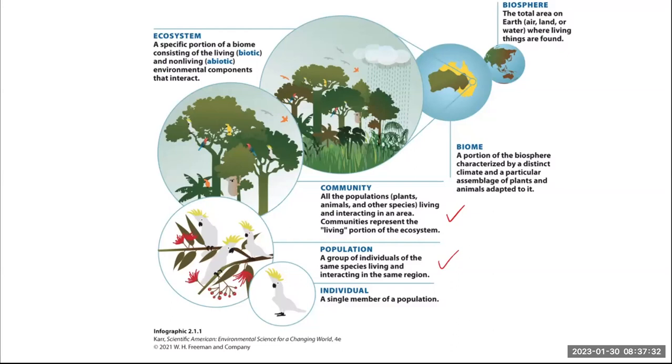Now, the scale doesn't end here. In terms of our formal treatment of ecological topics, we can certainly consider ecological interactions at the level of the biosphere, which is the sum of all of the Earth's ecosystems, and we understand the connectivity between different ecosystems. So this is an important level.